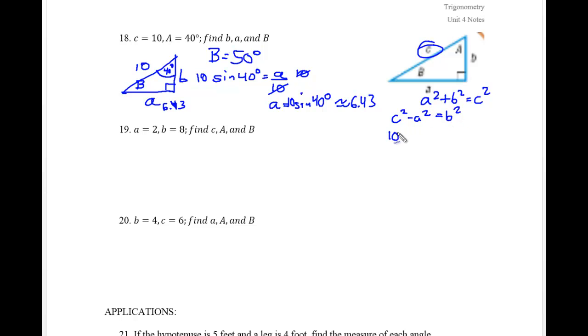Or our hypotenuse squared minus one of the side lengths squared is going to be equal to the other missing side squared, after you take the square root. So 10 squared minus 6.43 squared is equal to a number, and once you take the square root of it, B is approximately 7.66.